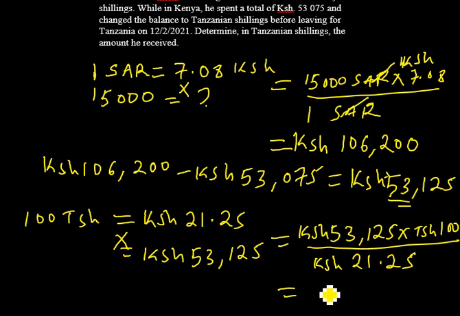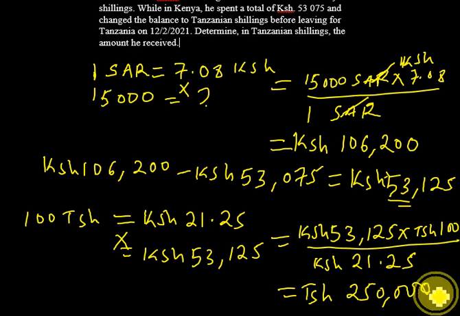So let us use calculator to do that. So this one gives us Tanzanian shillings 250,000. This is the amount that the person received.